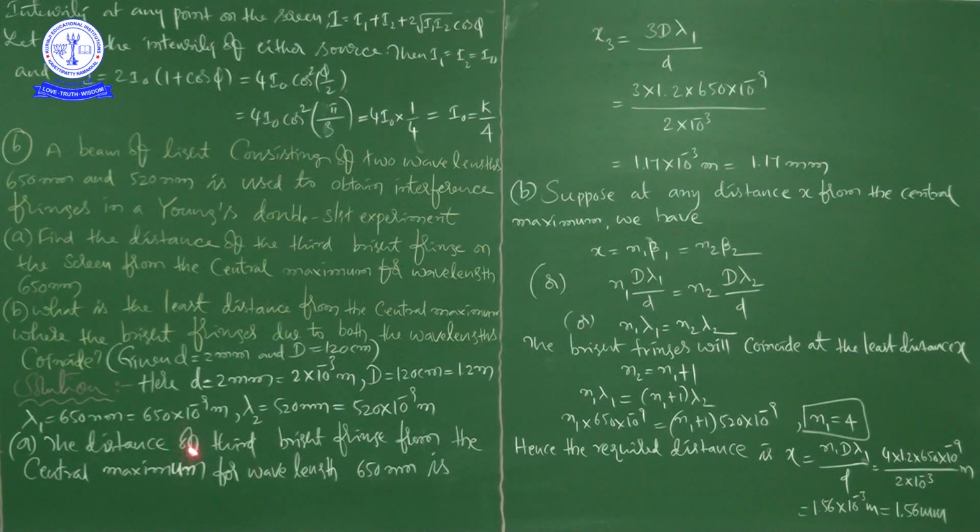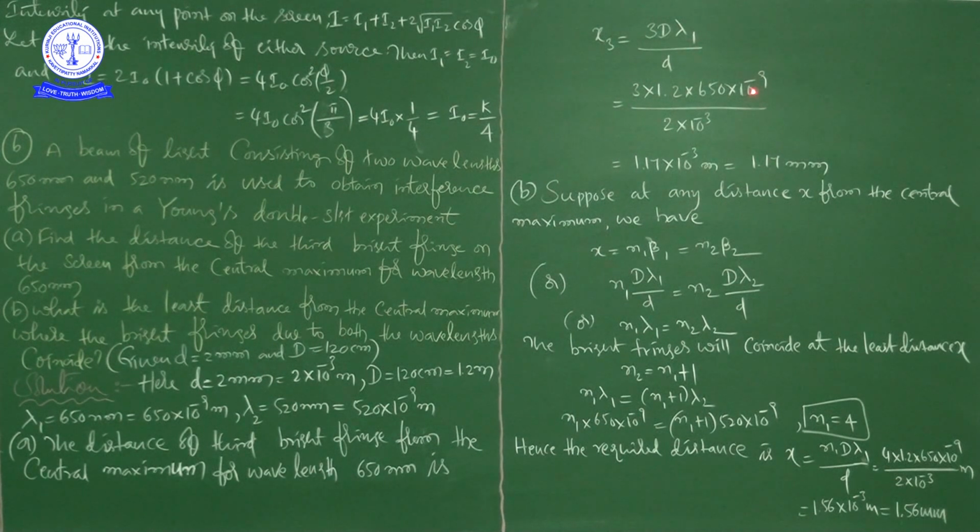So the distance of the third bright fringe from the central maximum for wavelength 650 nanometers is x3 equal to 3 D lambda 1 by small d, okay, equal to 3 into 1.2 into 650 into 10 to the power of minus 9.